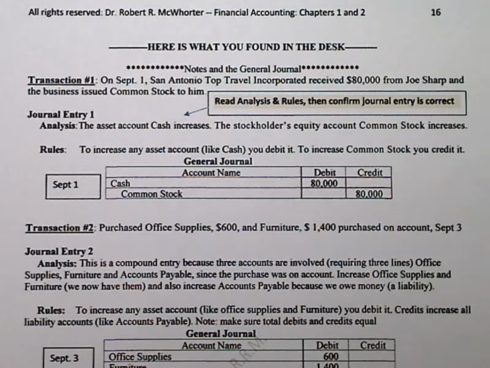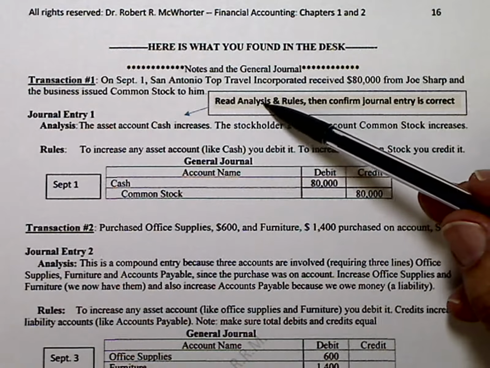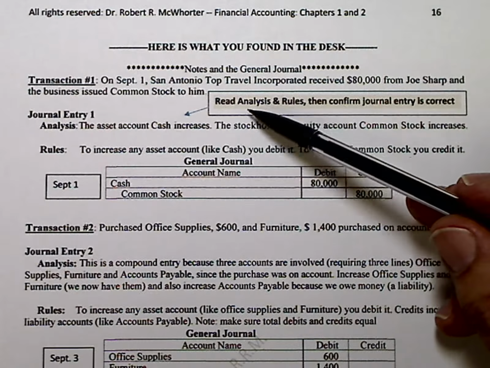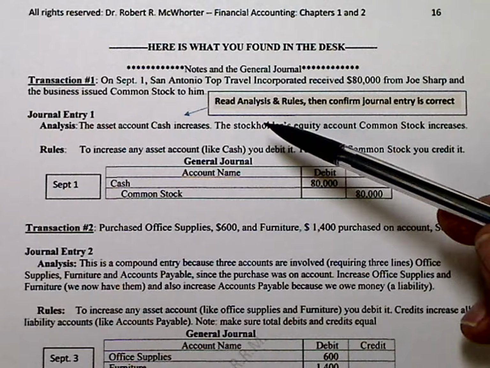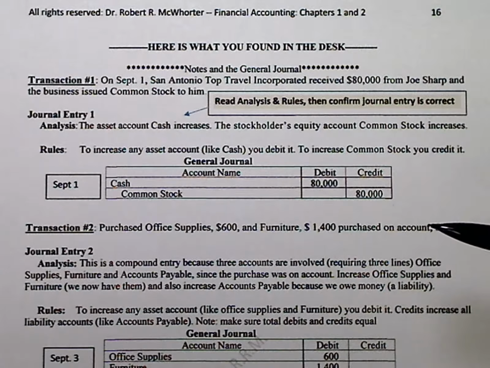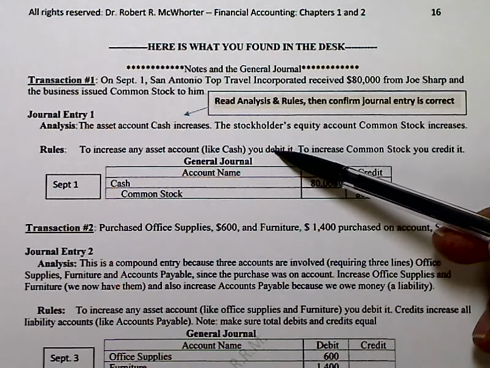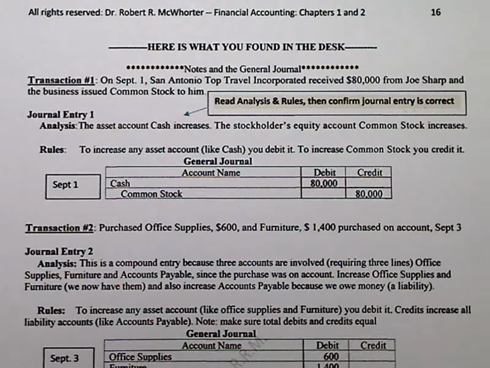It's one or two sentences, that's it, describing a business transaction. And what you've got to do at this point is read the analysis. This is how the accountant analyzed it, review the rules, and then confirm that the journal entry is correct.